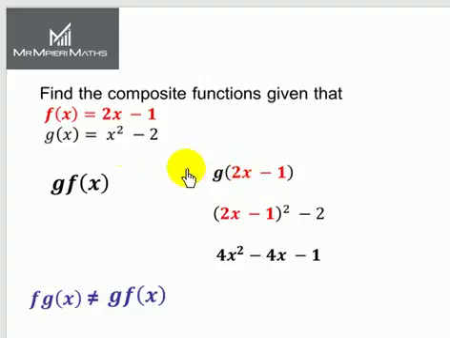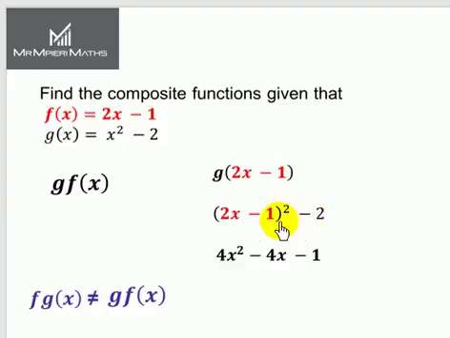But g is saying whatever is in the bracket, square that, and then take 2 away. So what is in this bracket is 2x minus 1. So I'm going to square that: 2x minus 1 squared, and then take 2 away. Because that is what this is telling me. Whatever is in this bracket, square that, then take 2 away.